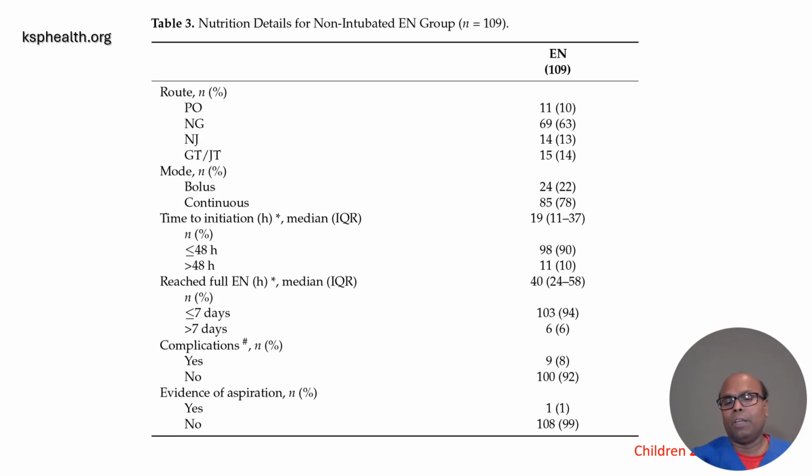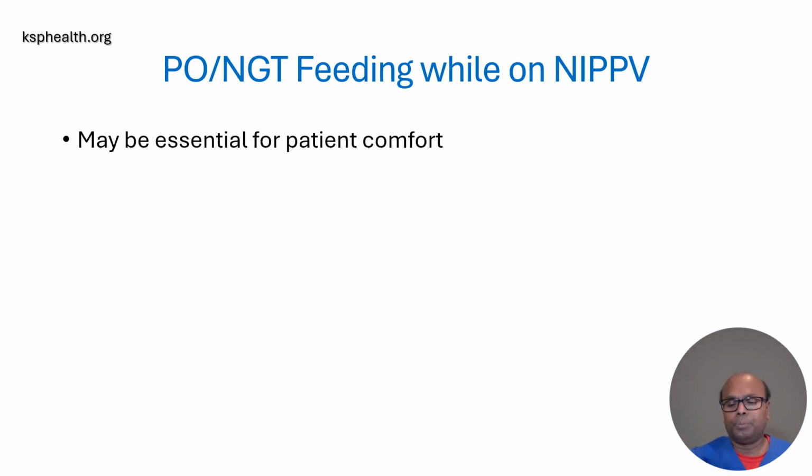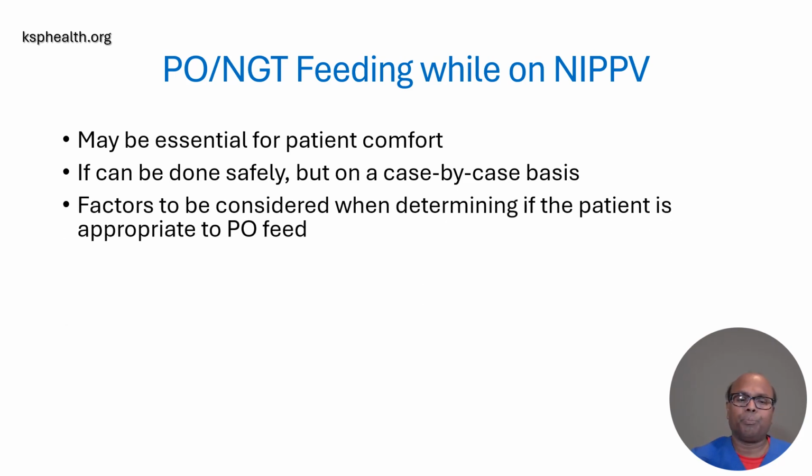Bolus feeds were given in 22%, and almost 80% were receiving continuous feeds. So feeding is essential to comfort the patient. It can be done safely, but you need to assess the patient on a case-by-case basis.